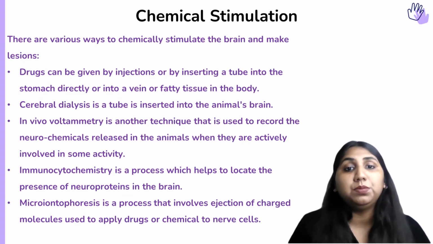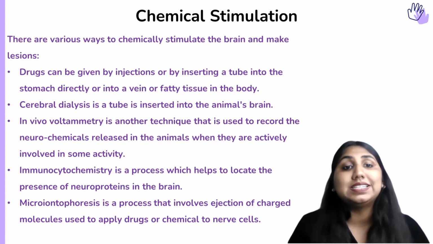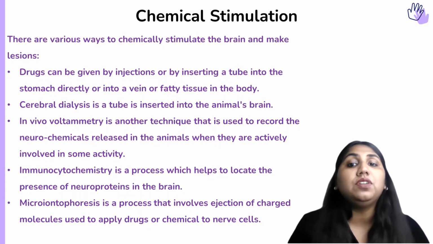We also know that each neurotransmitter responds to specific receptors during a synapse. Hence, microiontophoresis is a process which involves ejection of charged molecules used to apply drugs or chemicals to nerve cells. This further helps in locating the specific receptors to which neurotransmitters respond.